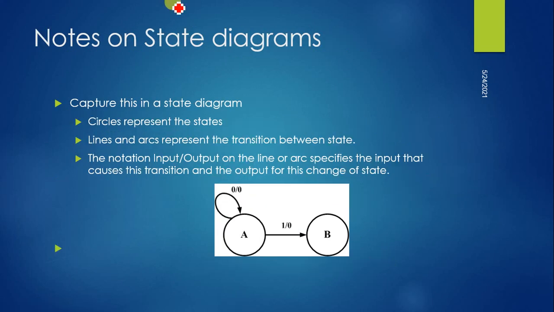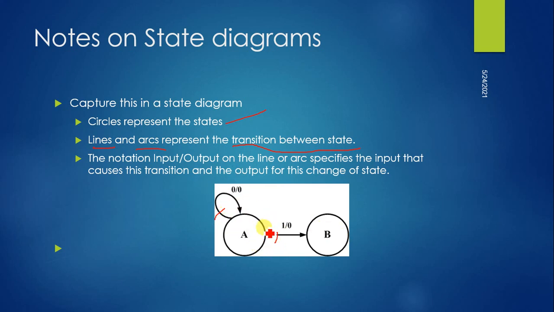Capture this in a state diagram was the thing that is given. These circles represent the states. Lines and arcs represent transitions between the states, from state A to B or from A to A itself.